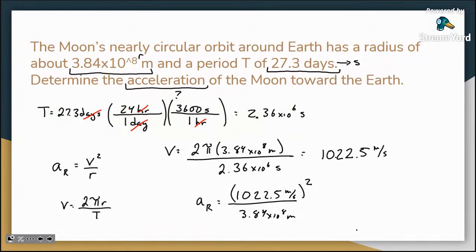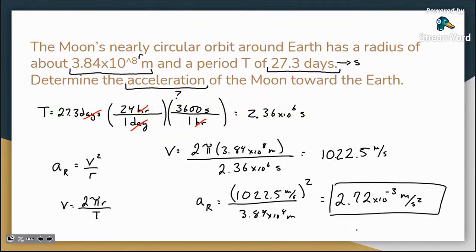When we do that, we should end up with a value around 2.72 times 10 to the negative third, and that will give me units of meters per second squared. Again, at any time that I'm working these problems, please feel free to pause the video, work ahead, and once you've got your answer, you can unpause and watch me work through it and verify that you got the right thing.